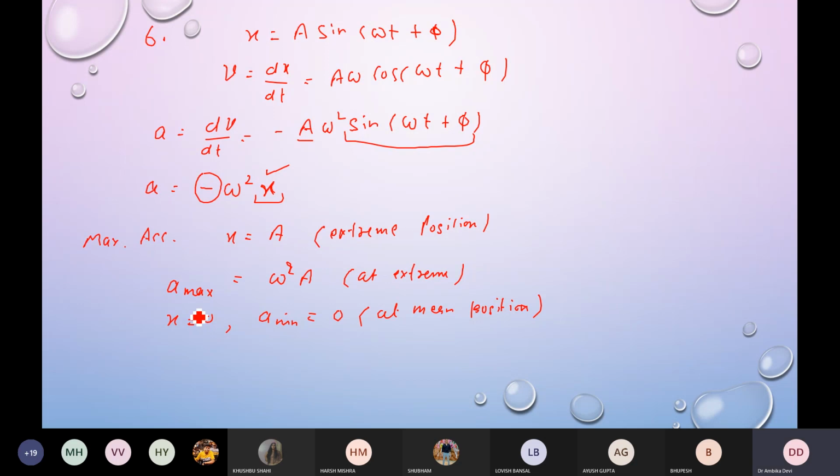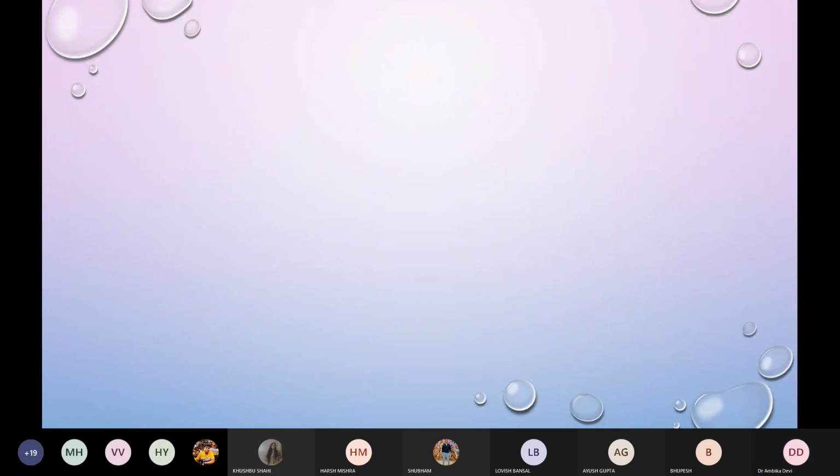Great. Now I am giving you one numerical which you have to solve, and this is very simple. Based upon the things that we have done in today's lecture, you can solve this numerical very easily.